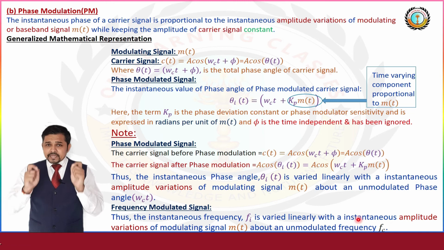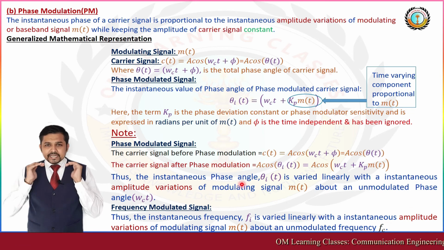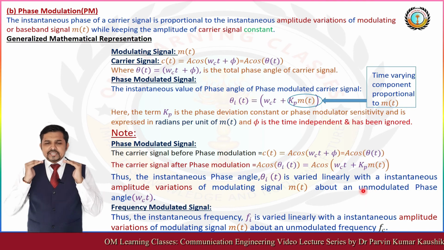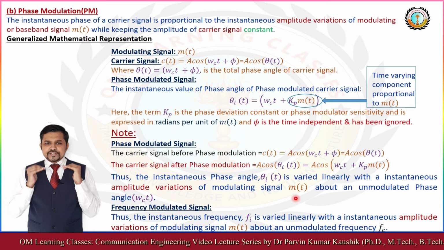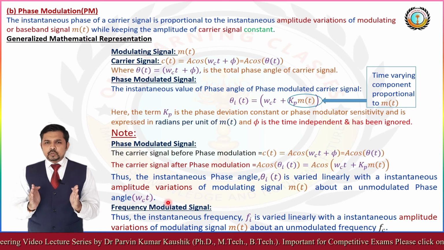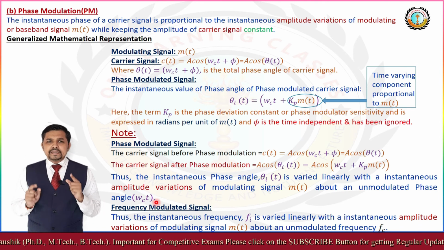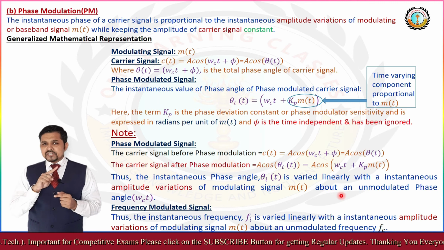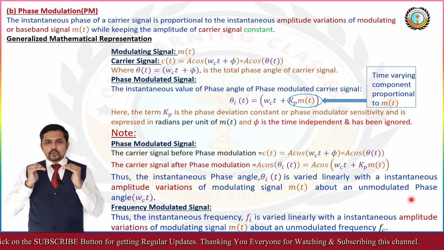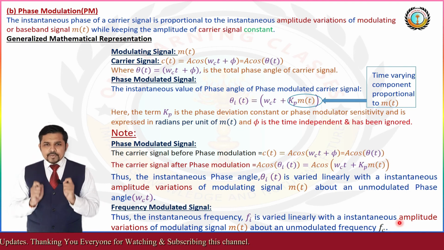But in PM, the phase angle theta_i(t) is varied linearly according to the instantaneous amplitude variation of the modulating signal about an unmodulated phase angle omega_c t. And here, as per this representation, phi is time independent and we can ignore it.